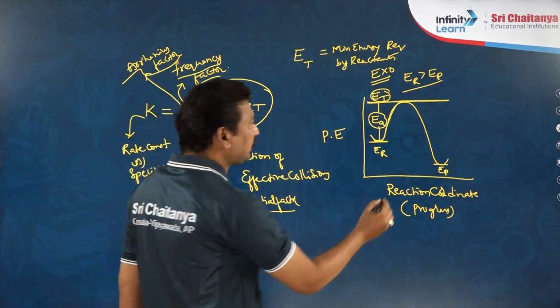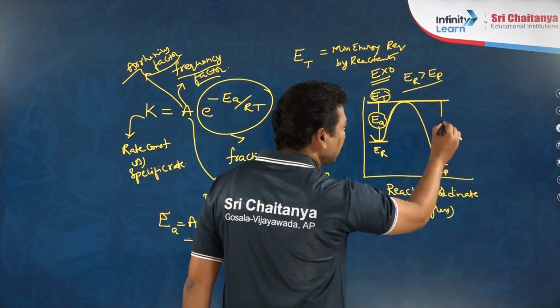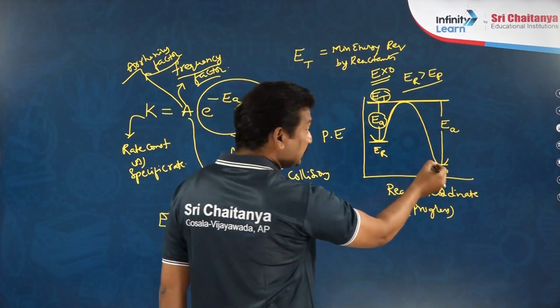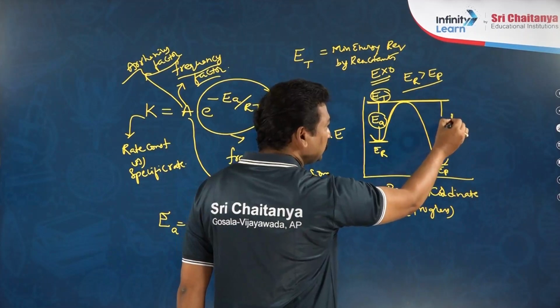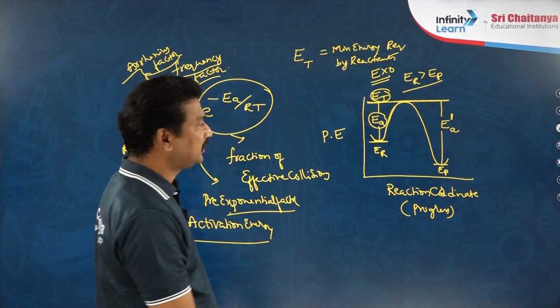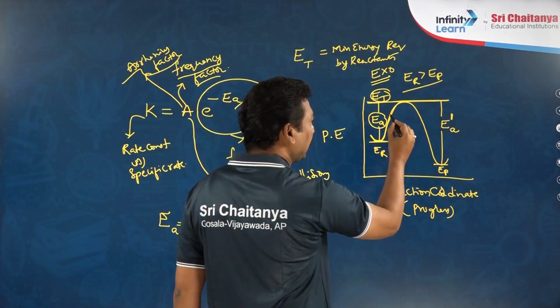Similarly, the activation energy for the backward direction is this one. Since this is the backward direction, I mention it as EA dash to differentiate, since both are activation energies and this one is for the forward direction.